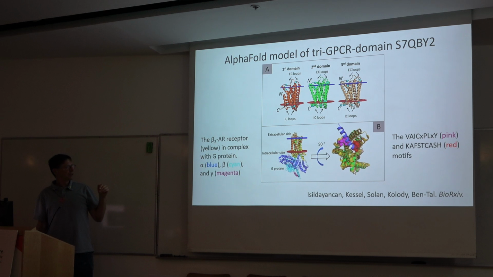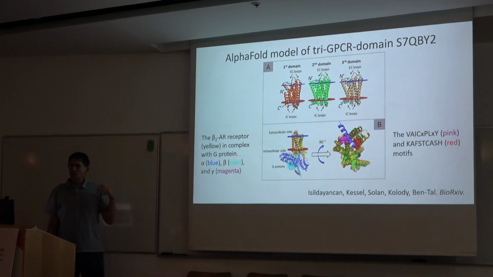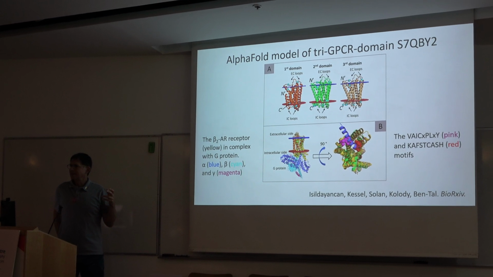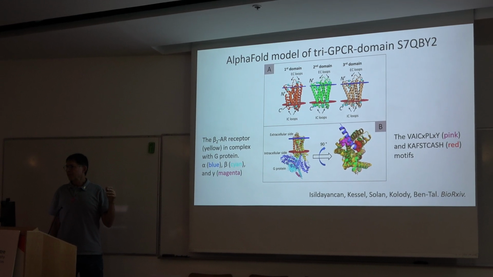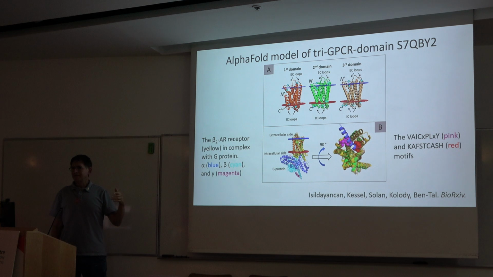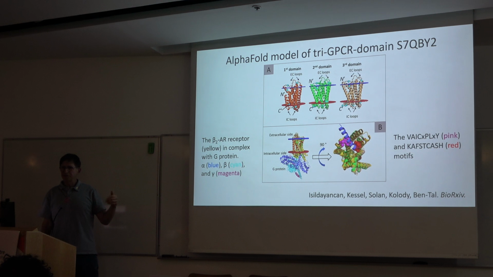There are specific motifs that are marked there in pink and red, and they facilitate the recognition. And reassuringly, in essentially all our 57 cases, each and every one of those domains features those motifs. So that's an indication that they are functional, not only there. It is an indication that there is evolutionary conservation of this region, which is important for the recognition and for the signaling.